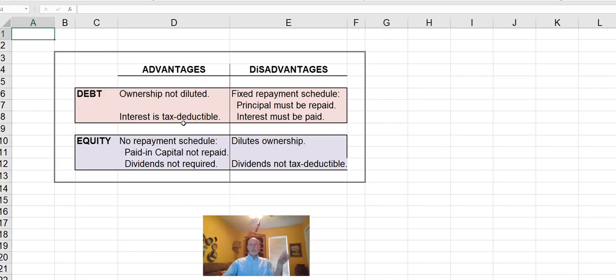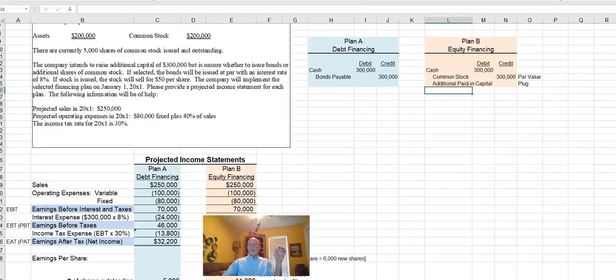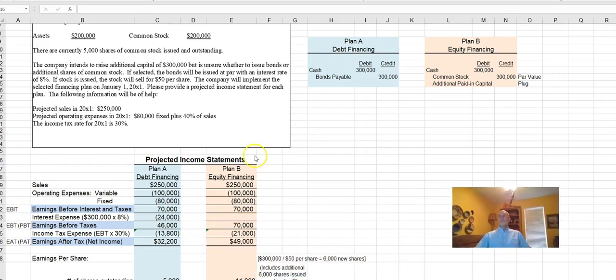So remember that interest on debt is an expense. So let's look at a situation where we are raising money, and let's look at the impact of this on our income statement.